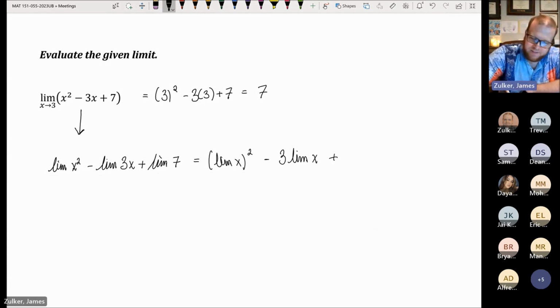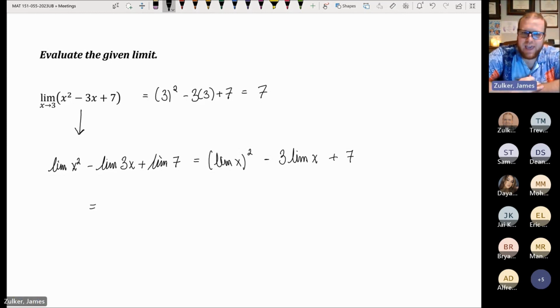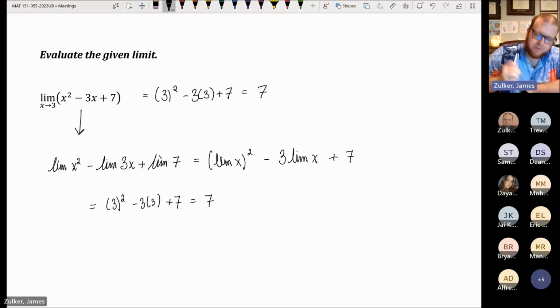This is the limit of a constant, which is just the constant. Limit as x approaches a of x is just a. A in this case is 3. And you see that you get the exact same thing.